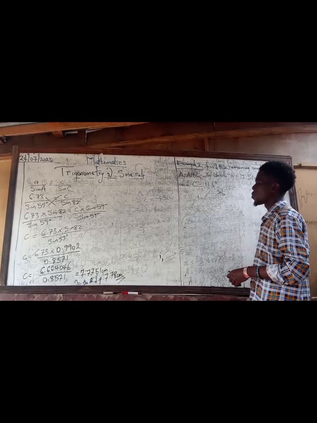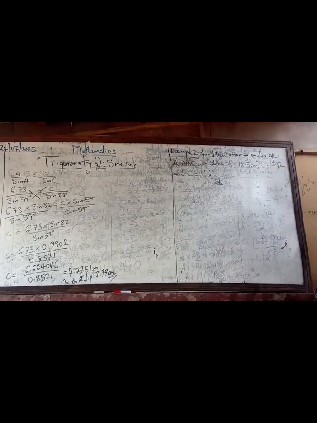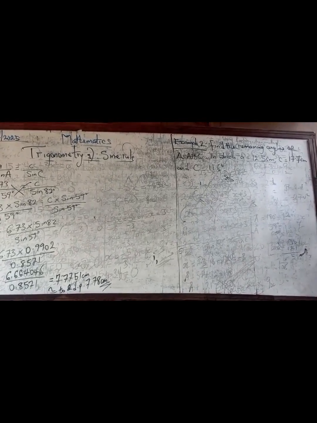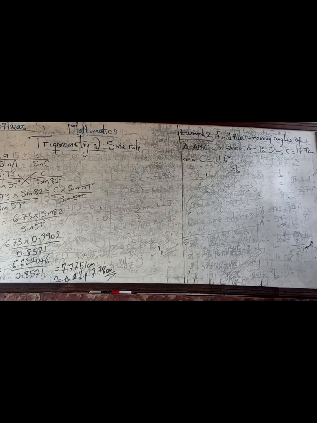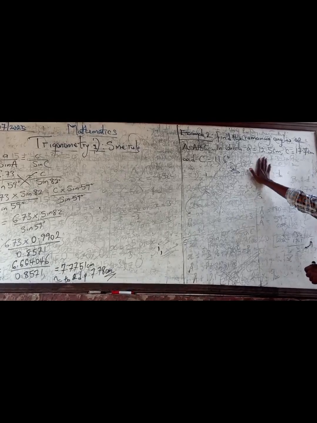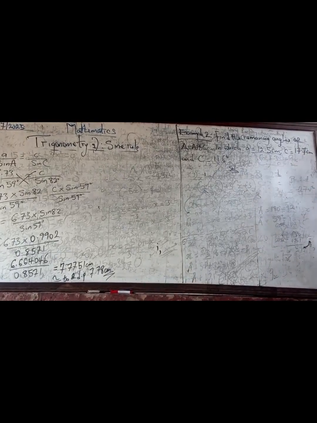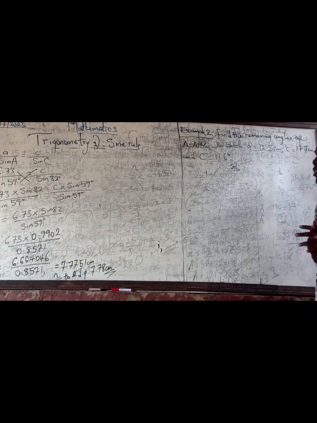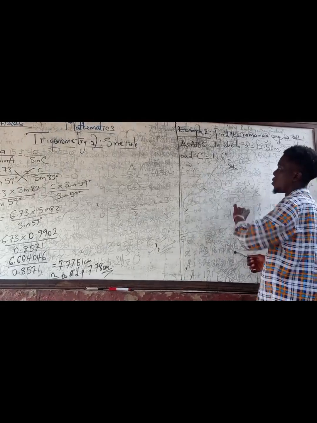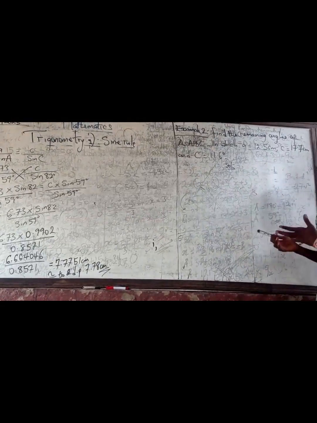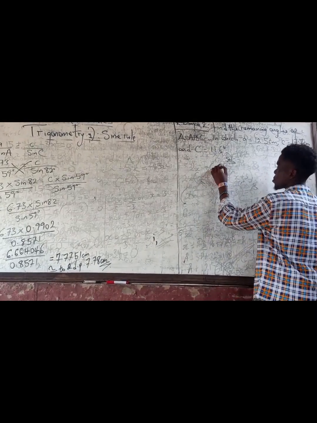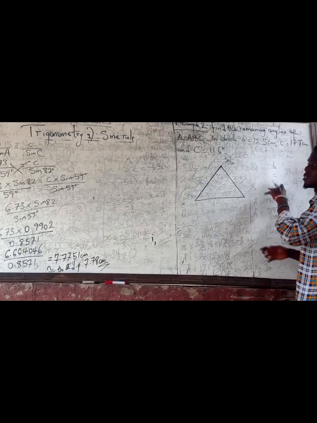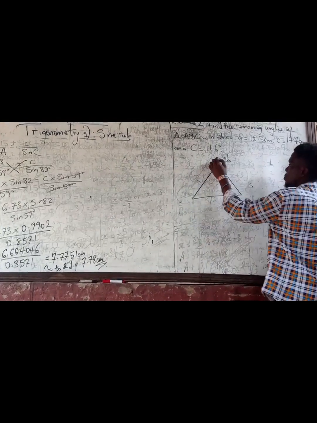We have a question here, example 2. It says, find the remaining angles of triangle ABC in which A is 12.5 centimeters, C is 17.7 centimeters, and angle C is 116 degrees. Like we did before, represent the information on a triangle. Remember, you can decide to put them in any position.